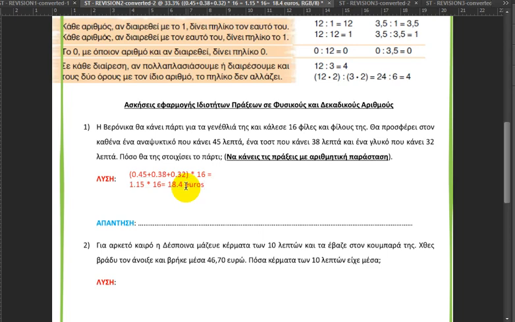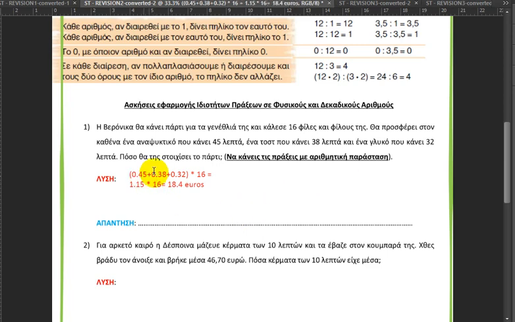Now, you could have also multiplied each of these numbers individually with 16. So you could have said, okay, 16 people are going to need 0.45, so 0.45 times 16, plus 16 of 0.38, plus 16 of 0.32. So you could have written it like this as well.